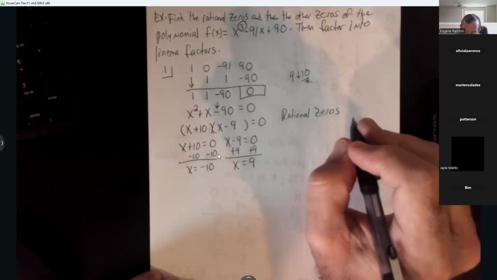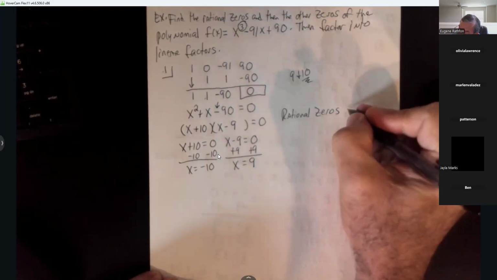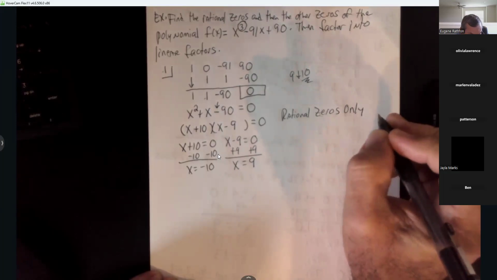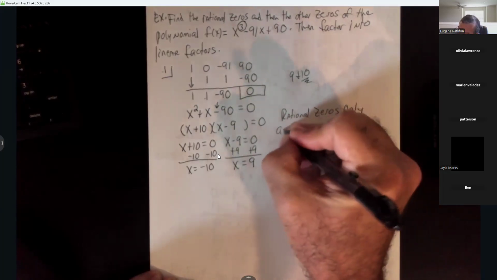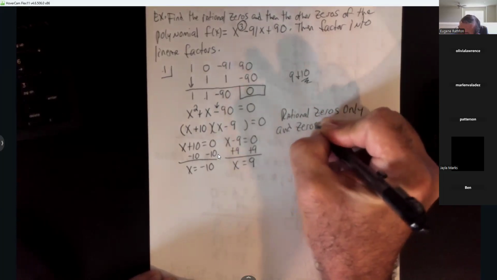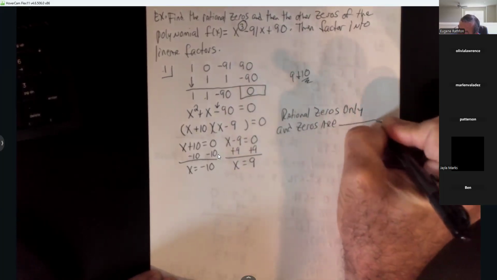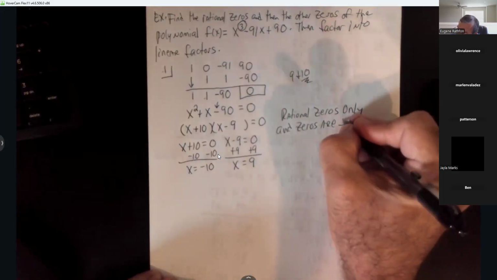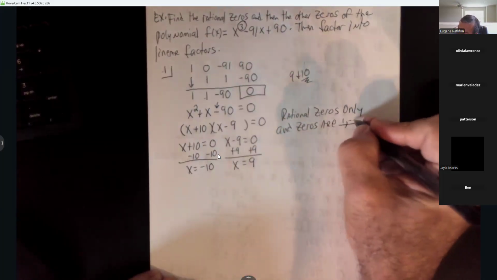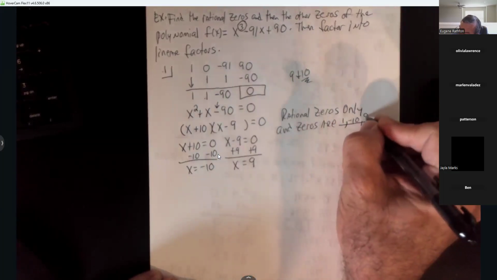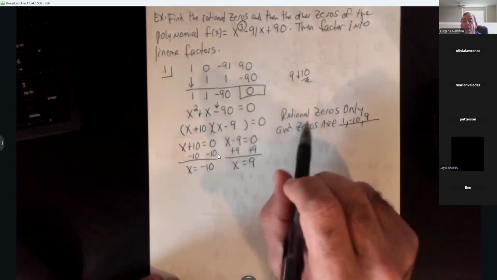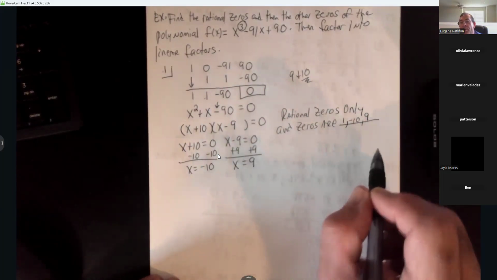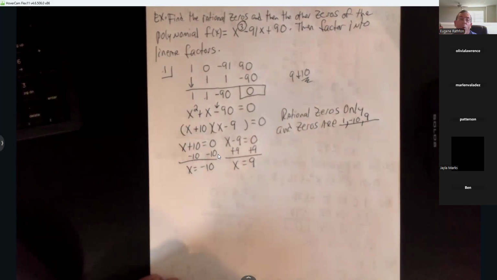So this one, only rational zeros, and the zeros are blank. So we had a 1, we had a negative 10, and we had a 9. So these are all rational zeros. The only time you'll have other zeros is if it's a square root or an imaginary.